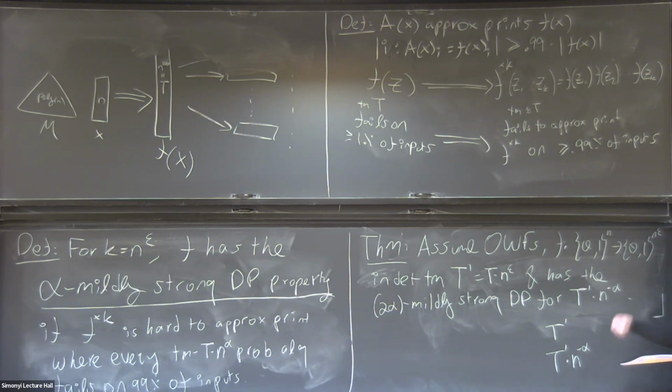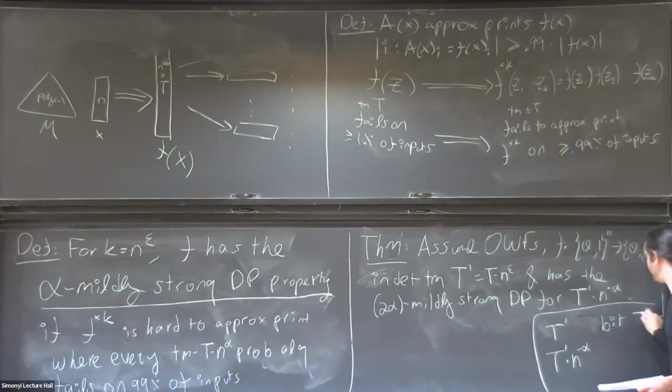And after we take the k-wise direct product, each bit is still computable in time t prime, right? It's a direct product. But approximately printing the entire string cannot be done in time t prime times n to the alpha.